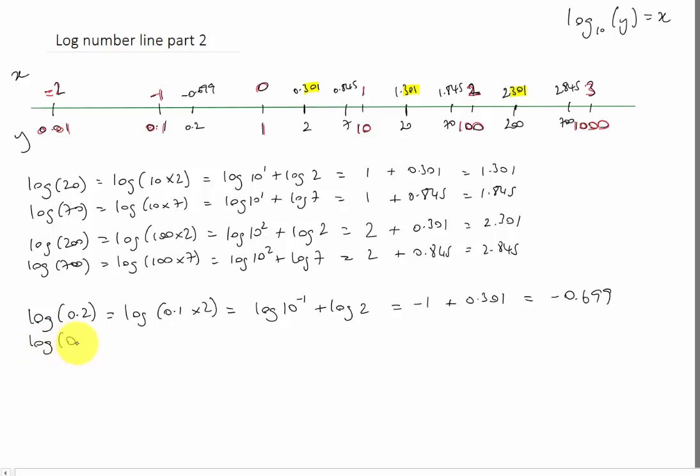Then similarly, the log of 0.7 is the log of 0.1 times 7, so that's the log of 10 to the power minus 1 plus the log of 7, so that's minus 1 plus 0.845, which is minus 0.155.